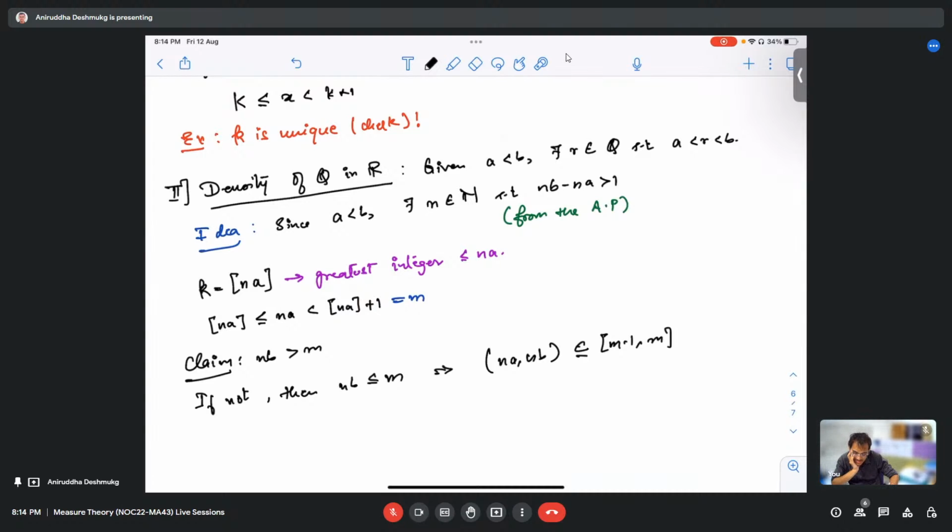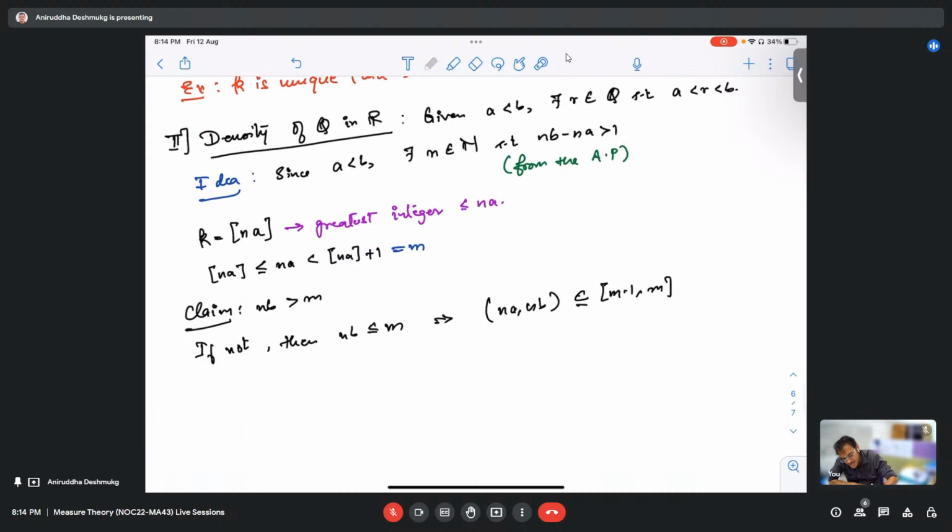Yes. Do you agree? Yes, sir. Okay. And what about Prasanjit? Yes, sir. Okay. But this cannot happen, right? Because this has length greater than 1 and this has length equal to 1. Something which has more length cannot be in something which has less length.